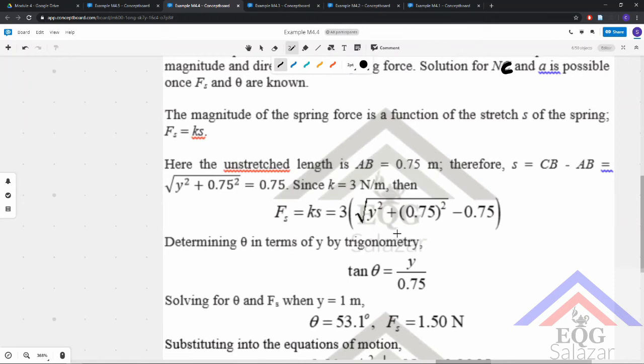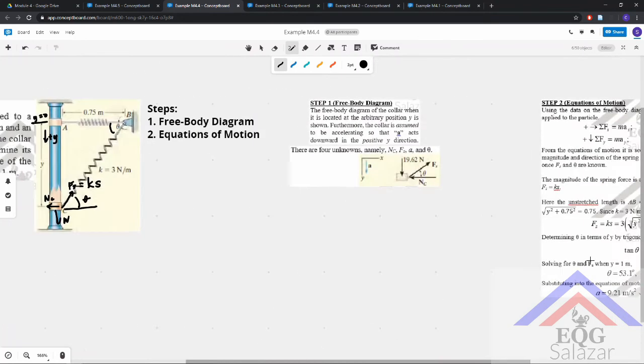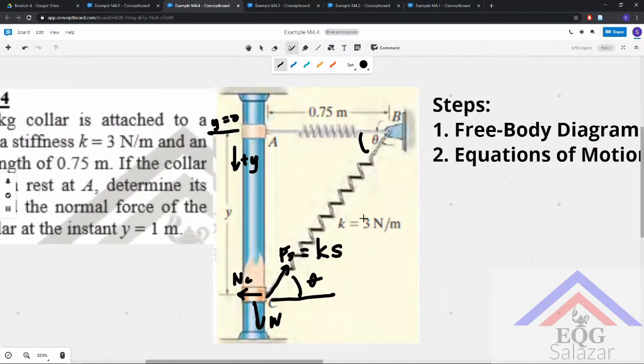So we have 3 times the square root of y squared plus 0.75 squared minus 0.75. And where is this from? Well, we know that this is 0.75, the original length, L sub naught. This is the final length, L.